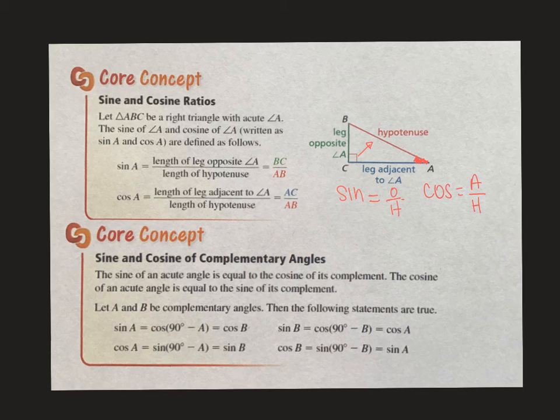So for example, if we needed to rewrite the sine of 30 degrees into cosine, we would just say, okay, well that's going to be cosine of 90 minus 30, or the cosine of 60 degrees. So we're just subtracting that degree measure from 90.